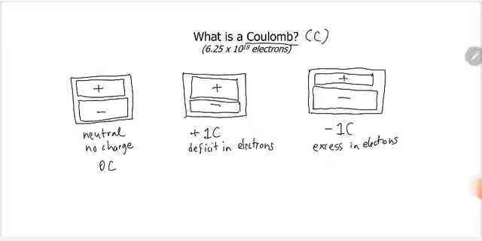Actually, when I say 1 coulomb, meron akong deficit of 6.25 times 10 to the 18th electrons. Okay?